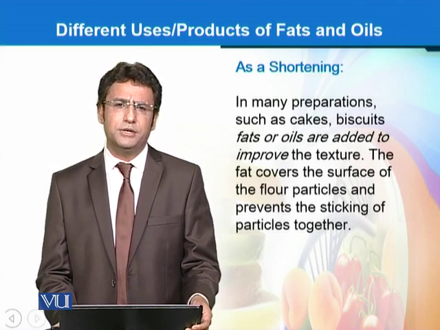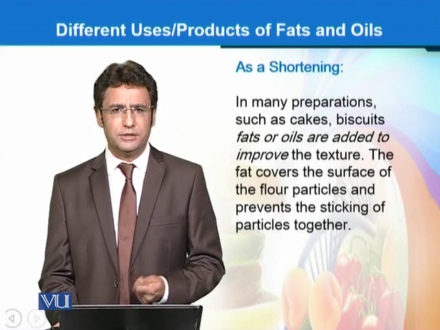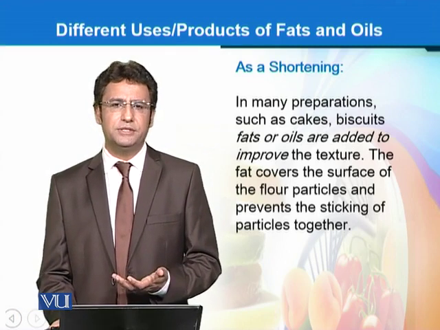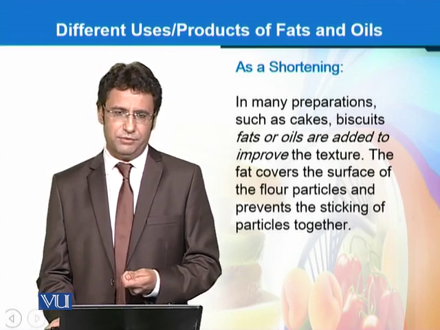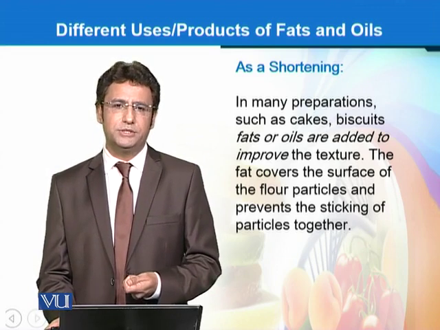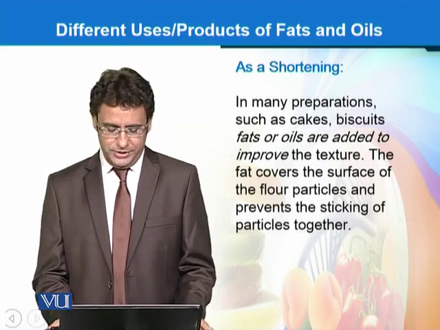Another important application of fats and oil in industry is that they are used as shortening. As earlier discussed, shortenings are specialty fats which are used for baking, for bakery products. They have very high melting points. They are quite solid at room temperature.